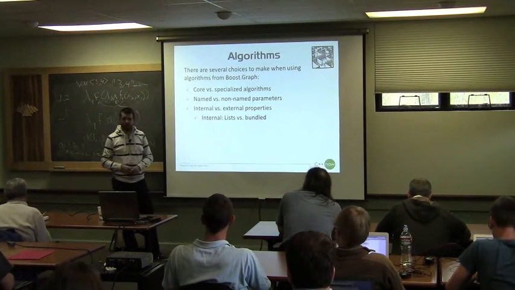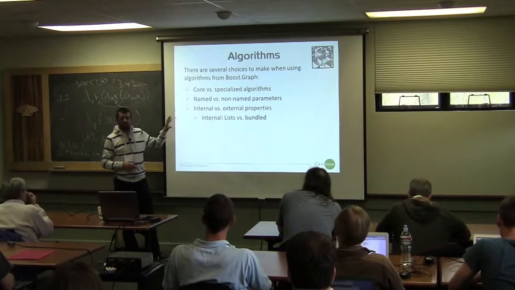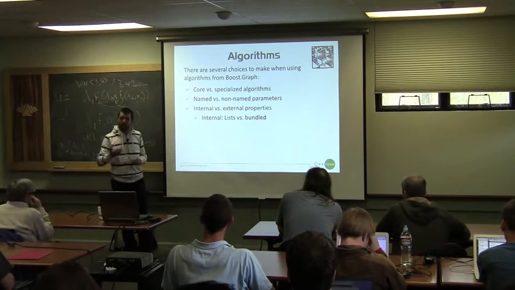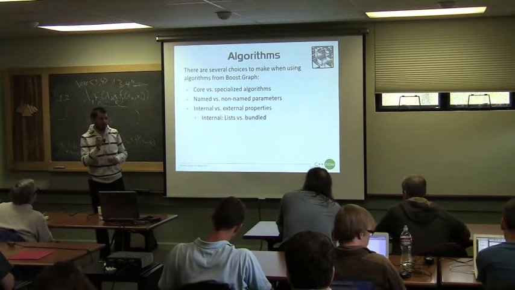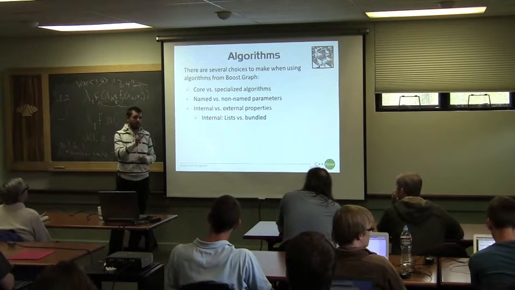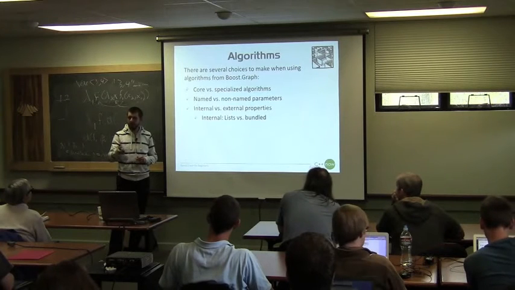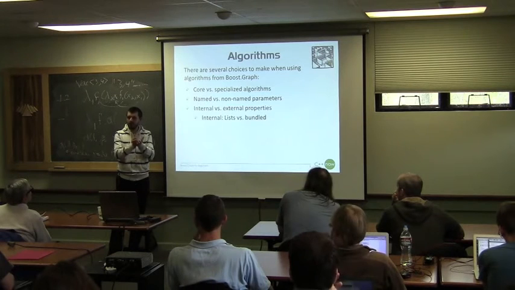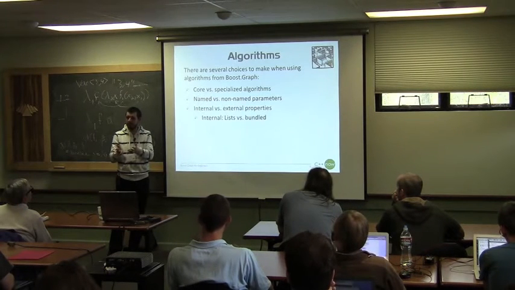And the algorithms here in Boost Graph, they use for this so-called property maps. So what you can think about is that there is a property attached to a vertex or attached to an edge, and that property is used to store some extra information for a certain vertex or for a certain edge.